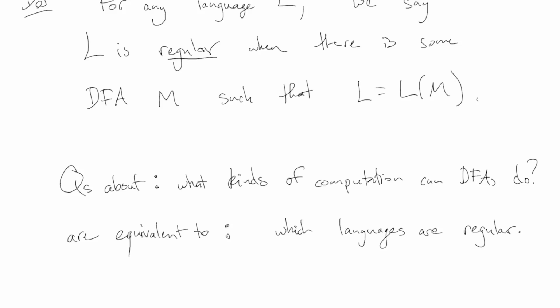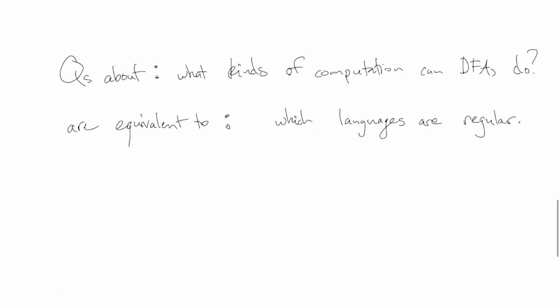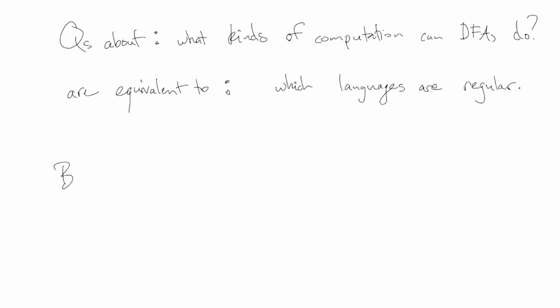All right? So DFAs and regular languages kind of go together. A regular language just means it is the language which can be accepted by some DFA. And of course, the big overarching question that we're going to be talking about over many weeks, I asked last time but phrased differently. Last time I said the big question is, what kinds of things can a DFA compute?